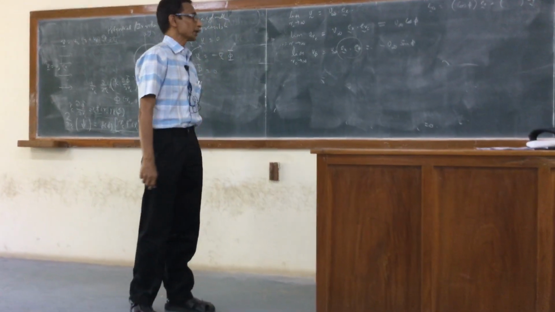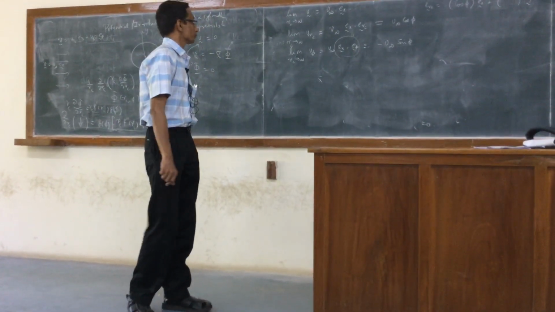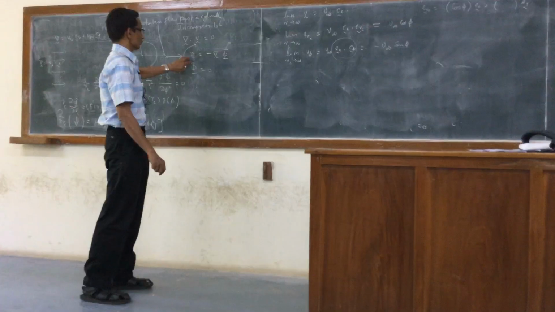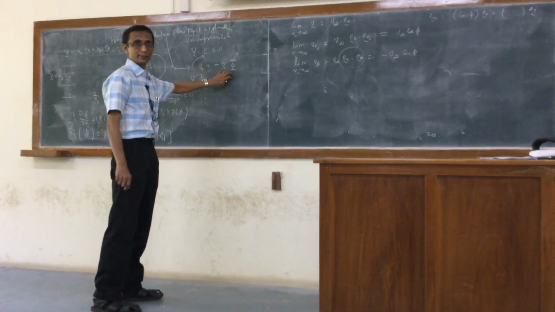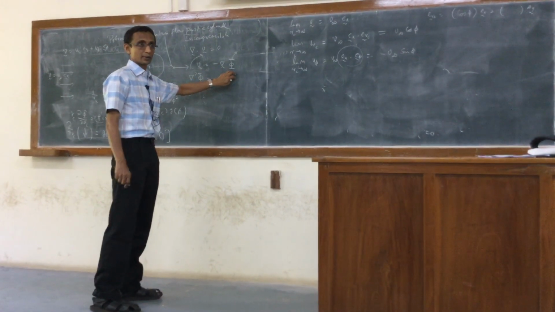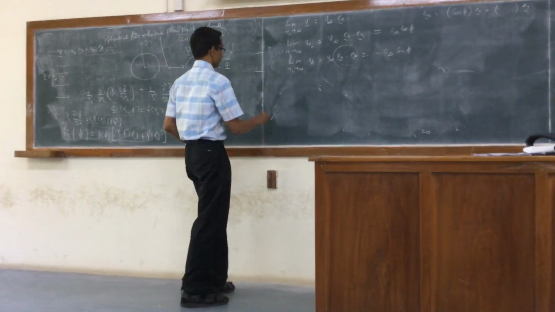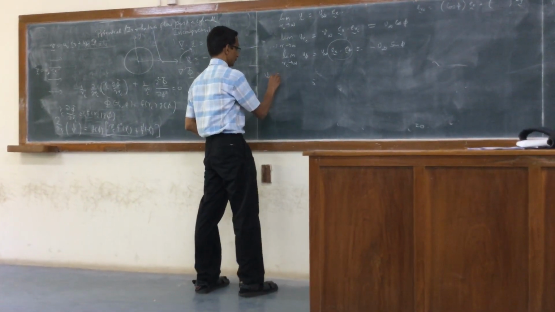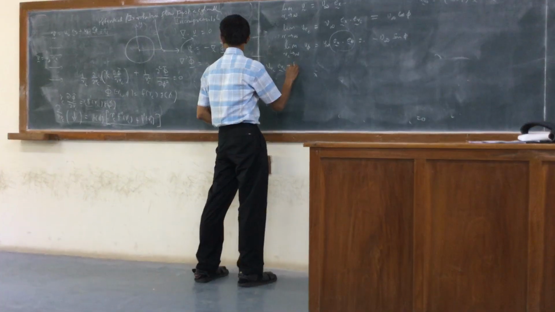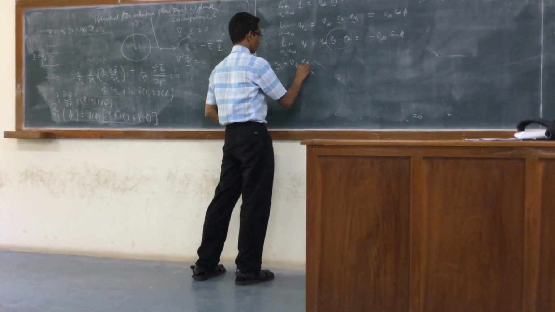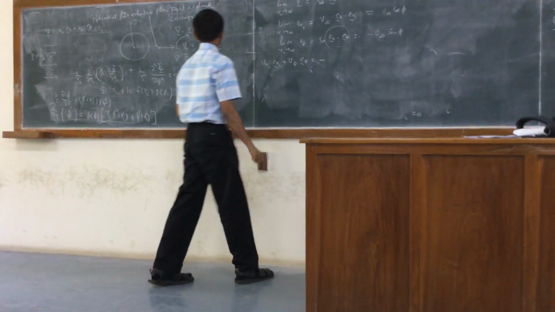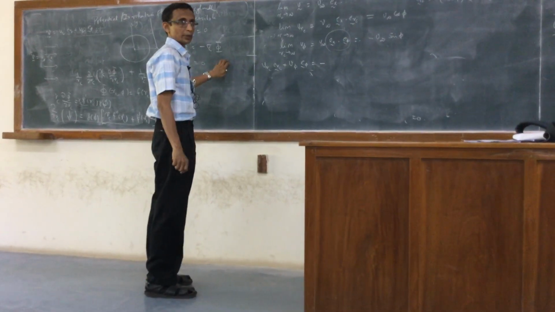So we have applied the condition. Now, since B is given by this, we need to know what the gradient is. So BRC ERC plus B phi E phi is equal to minus the gradient of the potential.